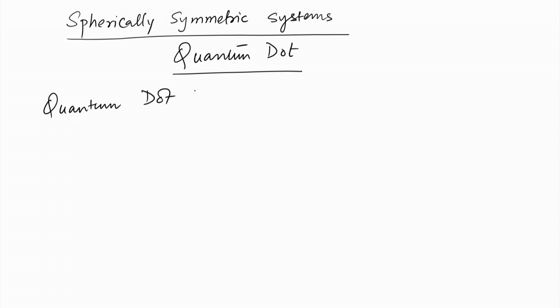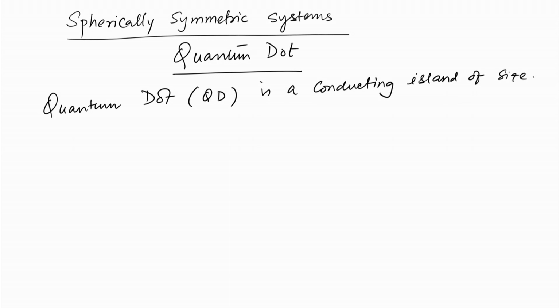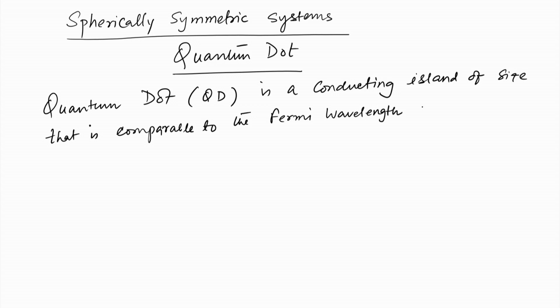which we shall denote by the abbreviation QD, is a conducting island of size that is comparable to the Fermi wavelength in all spatial directions.